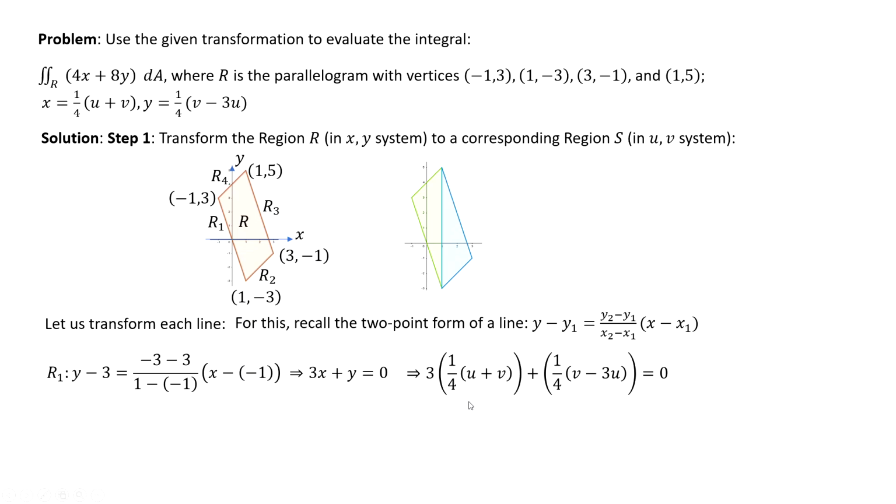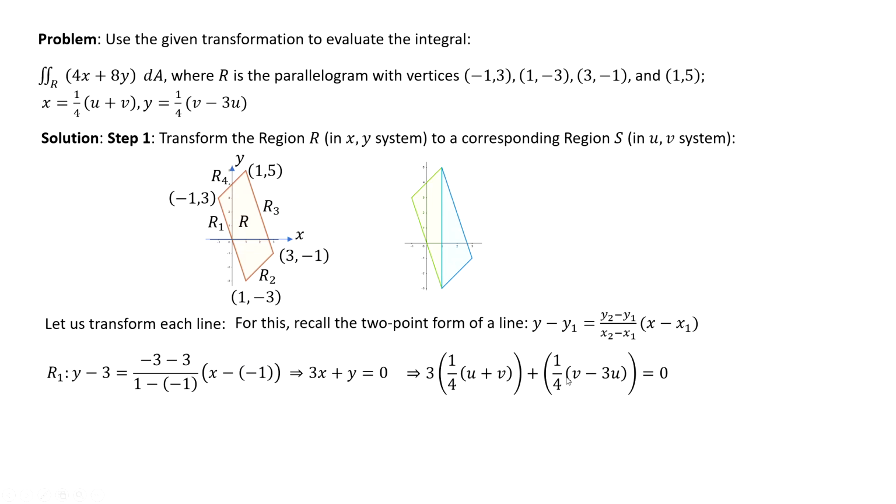So now if you simplify this, what do we get? 3/4 u minus 3/4 u. Now that cancels. Are you with me? 3/4 u minus 3/4 u, that's just 0. 3/4 v plus 1/4 v. Oh, that's v.